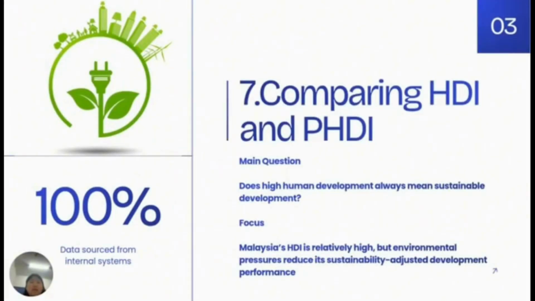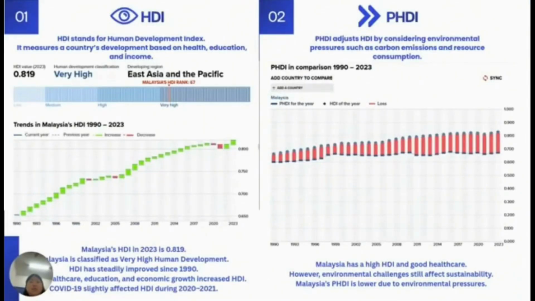Now we move to one of the most important parts of our presentation, the comparison between HDI and PHDI. Malaysia's HDI in 2023 is 0.819, which places Malaysia in the category of very high human development.